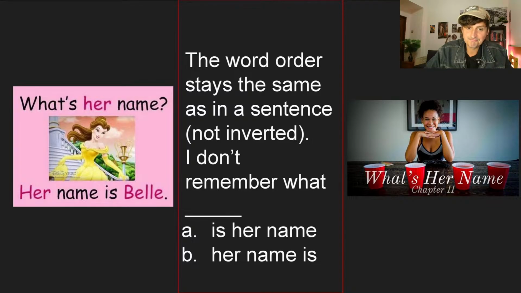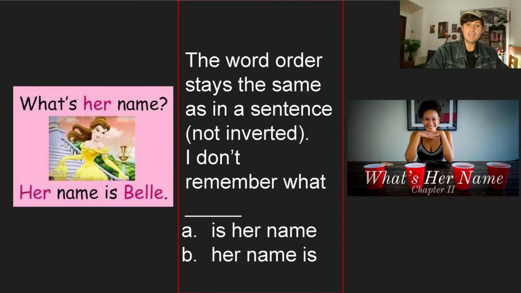Now, the word order in an embedded question stays the same as in a sentence, not inverted. When you say, "What is her name?" you are inverting the subject and the verb. You don't say "what her name is," you say "what's her name."